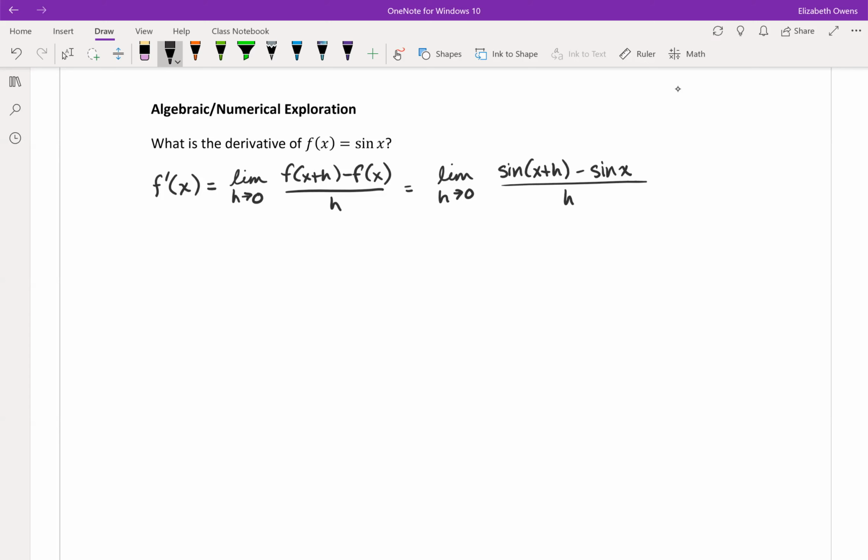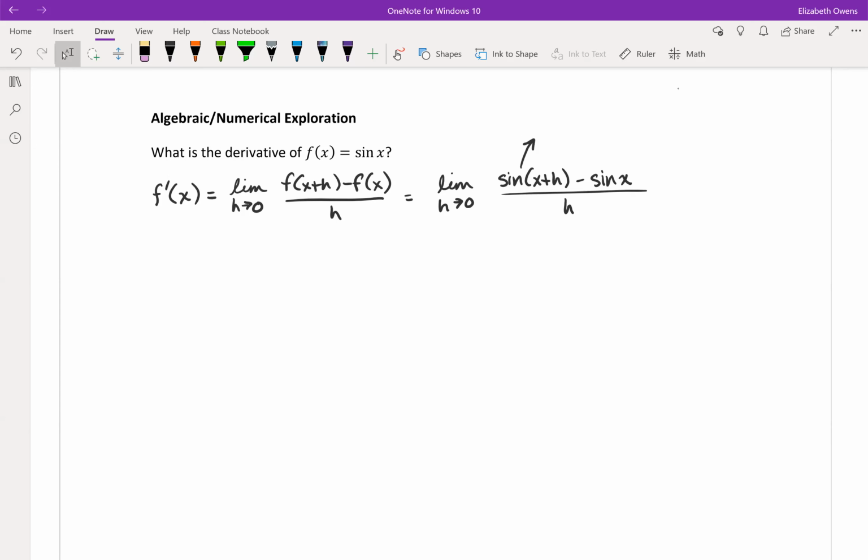Okay. Now, for this first term here, sine of x plus h, big reminder, you cannot distribute a trig function. Don't try to do that. It doesn't work that way. This is a trigonometric addition identity that you probably saw in trig.